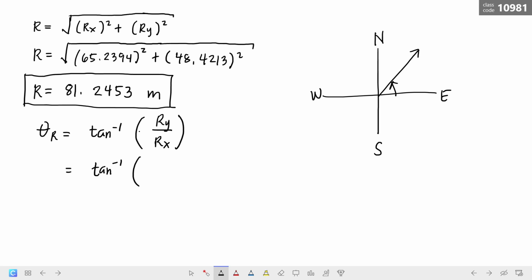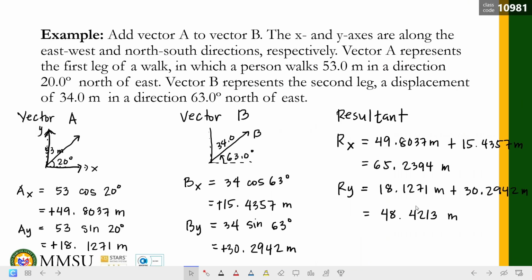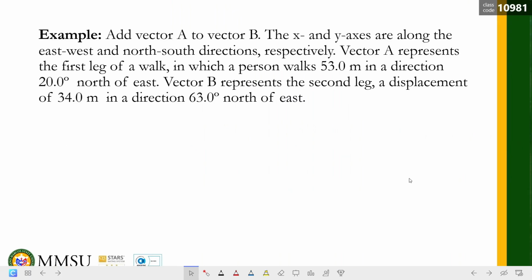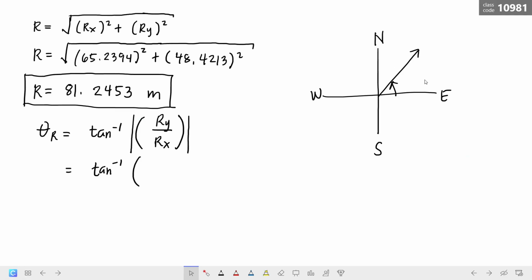Okay? We won't put positive or negative on it later on, we will just take the absolute value. But remember, when you use absolute value, you have to take note of the directions of ry and rx. It just so happens that in this case both are positive, so our resultant is in the first quadrant. So whatever the theta is there, that is our theta r. So theta r is ry, which is 48.4213, all over 65.2394.